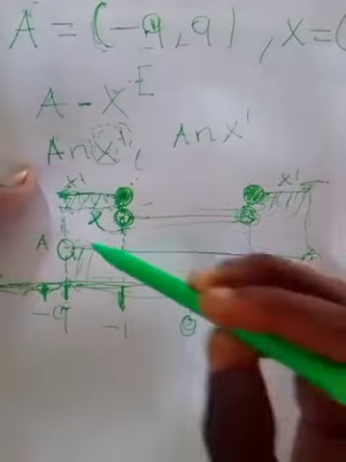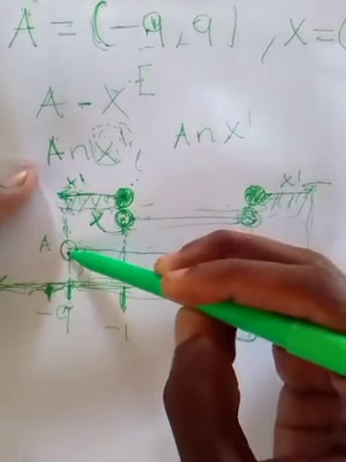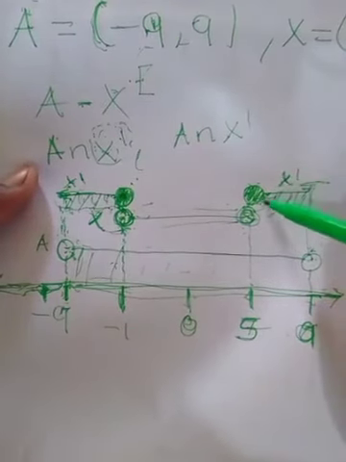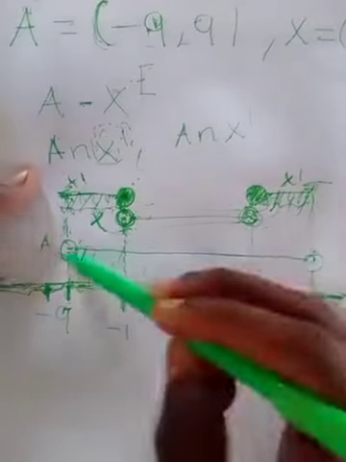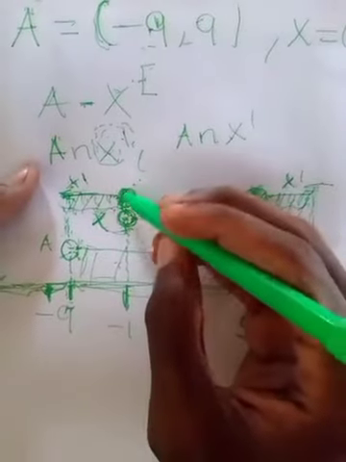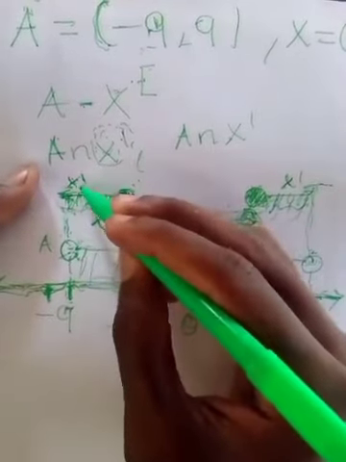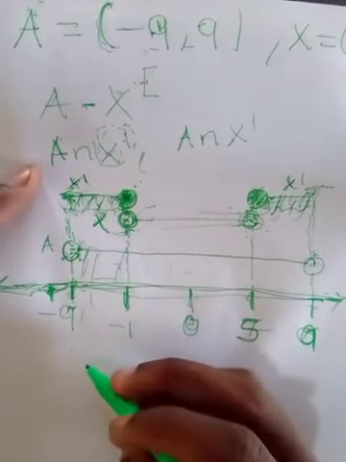So whatever is in X complement is also in A. Even on this side, whatever is in this region of the complement of X is also in A because it is part of A. A is covering everything. So whatever is in X complement is also in the set A. So here the answer you're going to say is A.